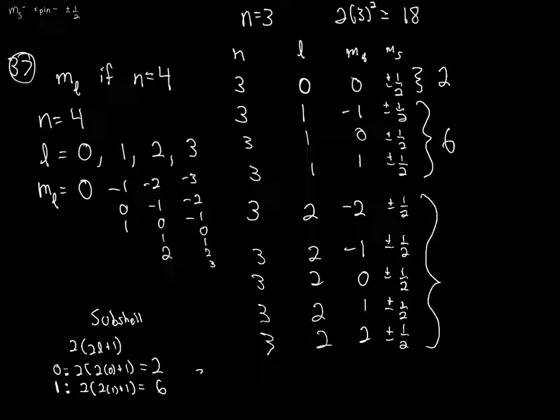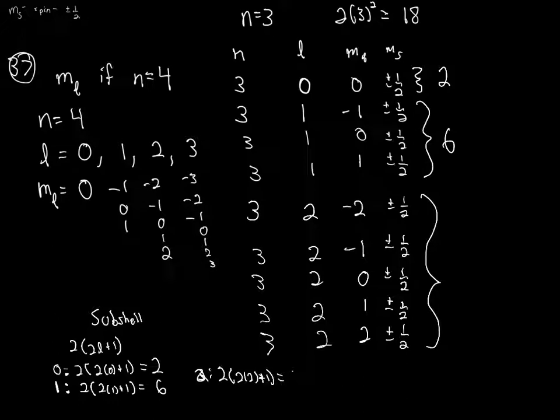L equals 2. 2 times 2 times 2 plus 1. I plugged in the wrong L. We don't want 3, we want 2. 2 times 2 is 4, plus 1 is 5, times 2 is 10.